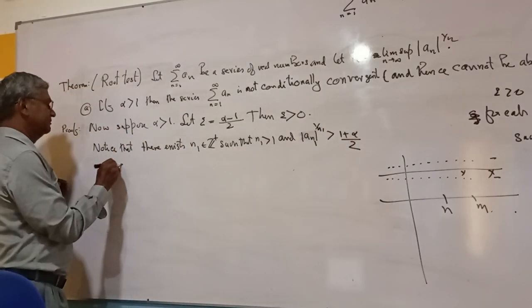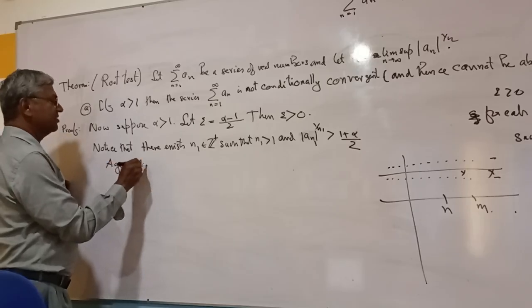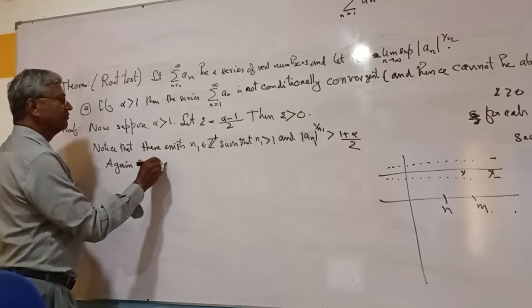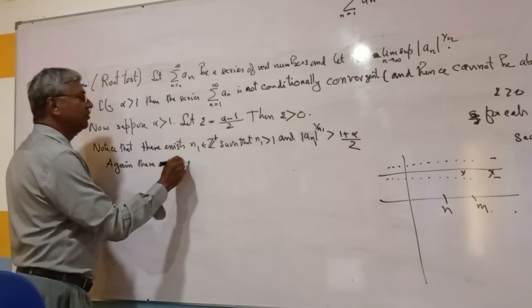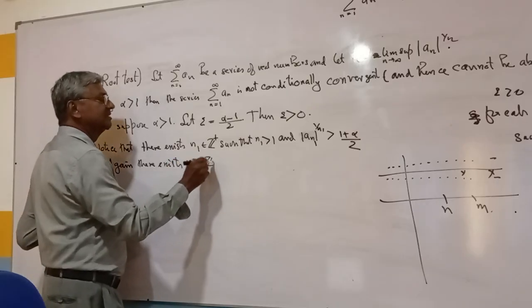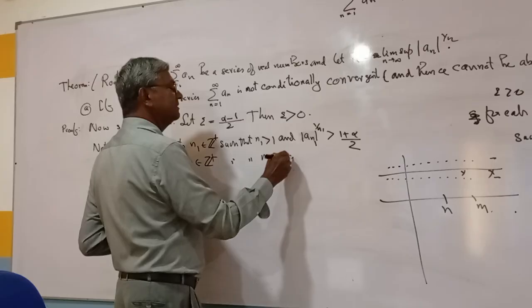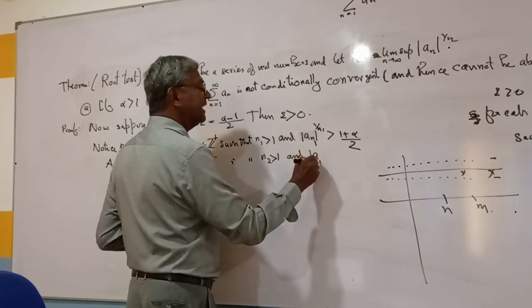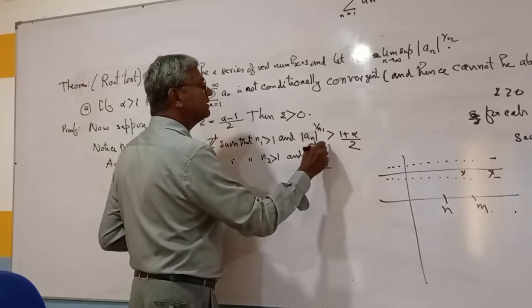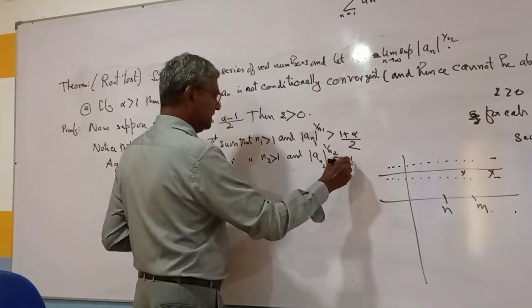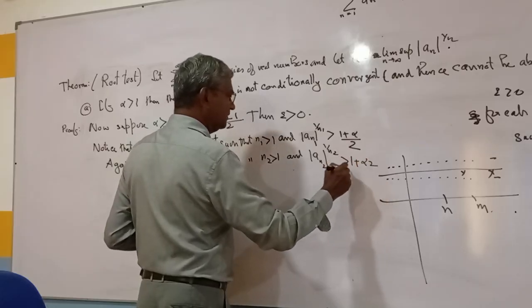Again, there exists n2 belonging to Z plus such that n2 greater than 1 and mod of a_n2 raised to the power 1 over n2 is greater than (1 plus alpha) by 2.